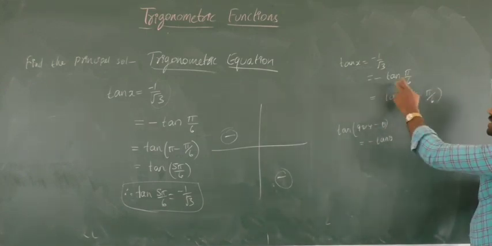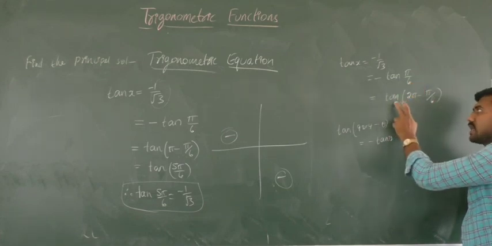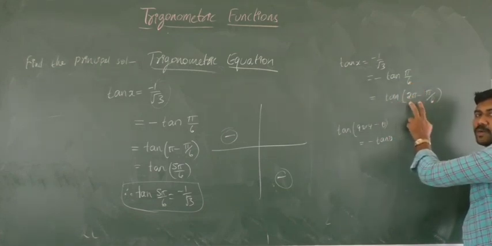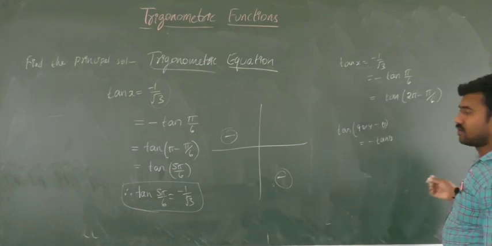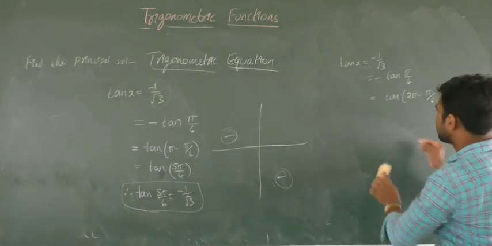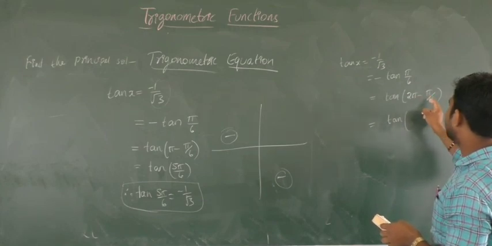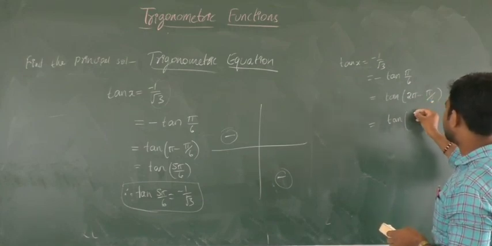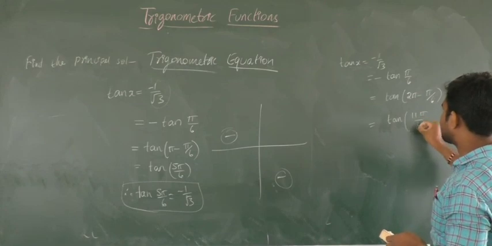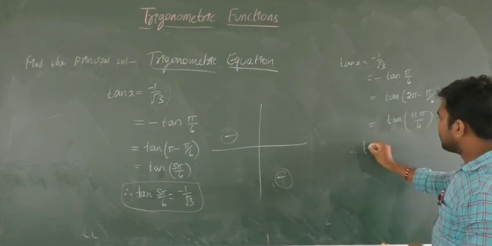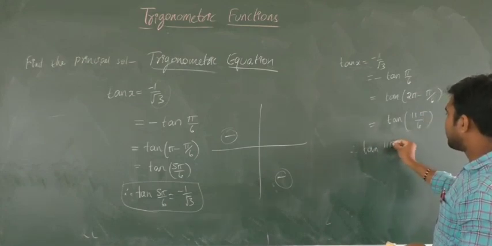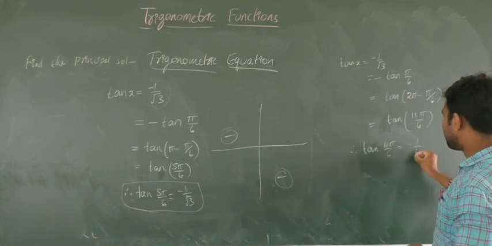So minus tan pi by 6 can be written as tan 2 pi minus pi by 6. Now take the LCM, 12 pi minus pi, this is 11 pi by 6. So we can say tan 11 pi by 6 is also equal to minus 1 by root 3.